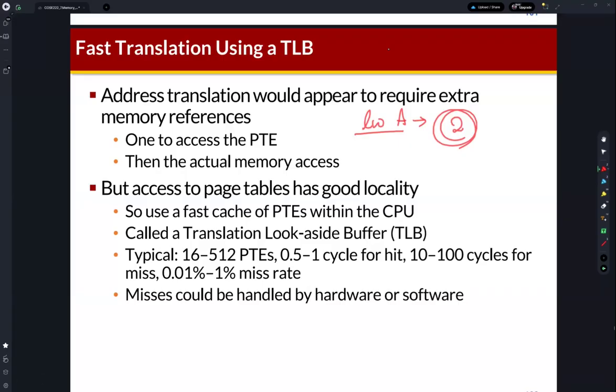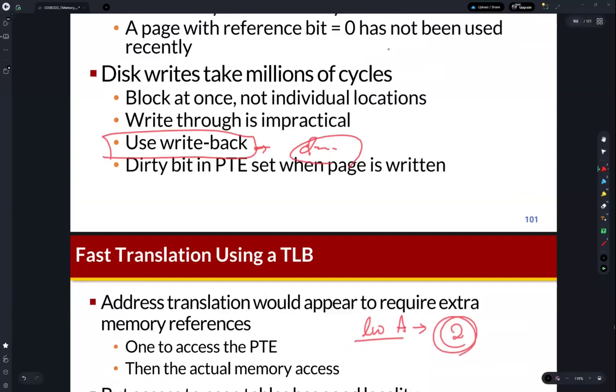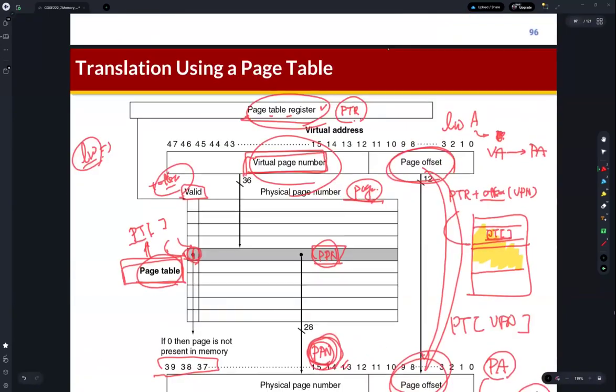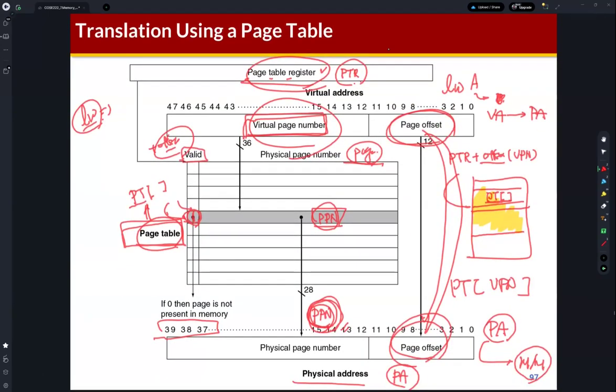So we will not learn about the hierarchical page table in this course, but if we just use a one-level page table, then the page table size is very large. Think about this. The page table is just an array, and this array is indexed by virtual page number, right?